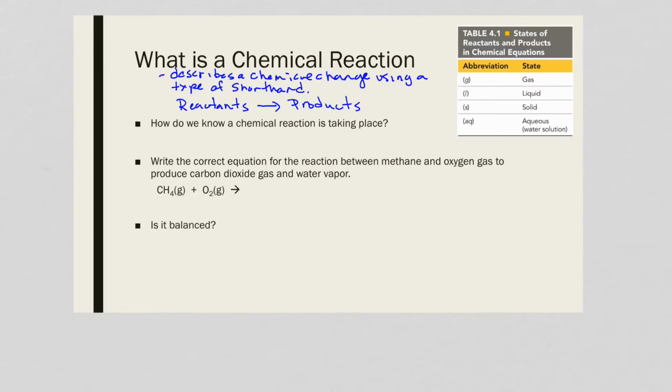Now, as we write this out, we're going to use certain conditions or standards that we're always going to write it this way. So the first thing is we're always going to use chemical formulas. We don't use names. When we write these out, we always use the formulas.